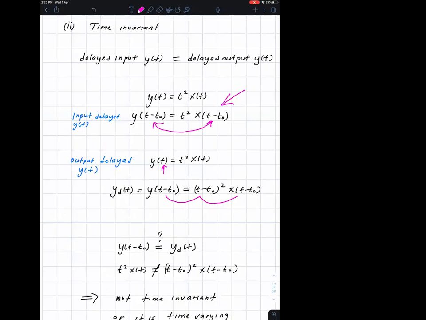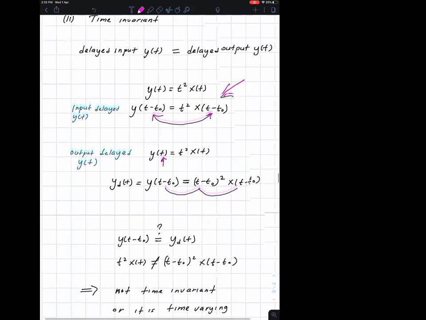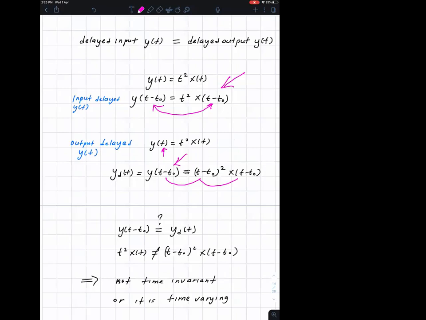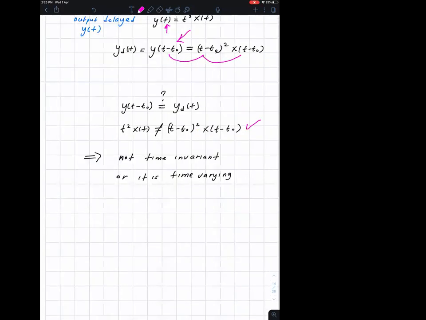Next, you delay the output by t naught, and then you'll see what is the result. And then you equate both of them to check and see if the expressions on the left and right are equal. Apparently, they're not the same. So therefore, it's not time invariant.